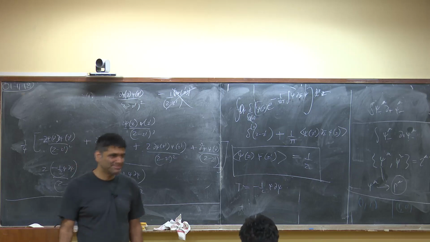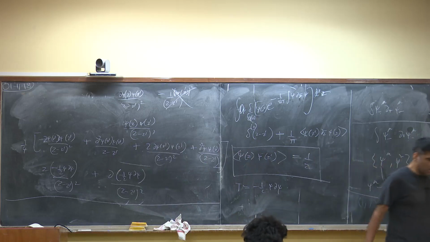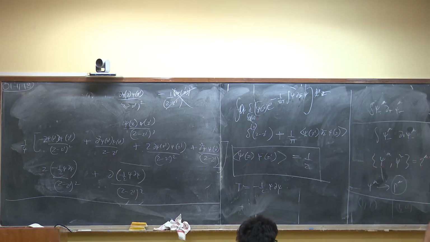Roughly, the statement is that when you have less than 4 supercharges, you don't get dynamical power. But that statement is a bit crude. The accurate statement is that if you've got a chirality, on any one chiral side, if you have 2 supercharges, you get power.